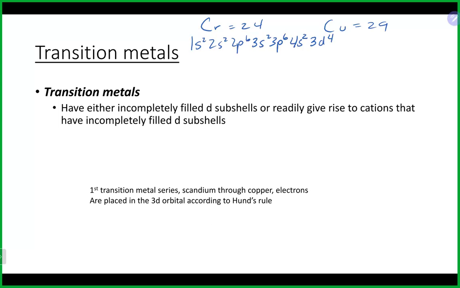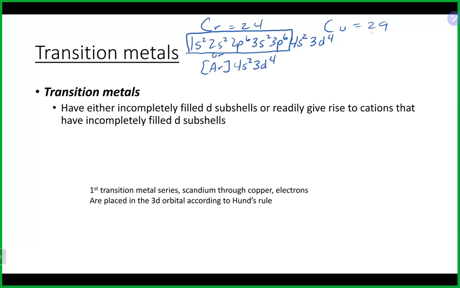So if you just follow the zigzag pattern we did and you wrote it for chromium, you would get that. By the way, if you took it all the way from here, that is how many electrons I just boxed? 18. As we know, 18 is argon. So we could shorten that down to argon 4s2 3d4 as sort of a shorthand.